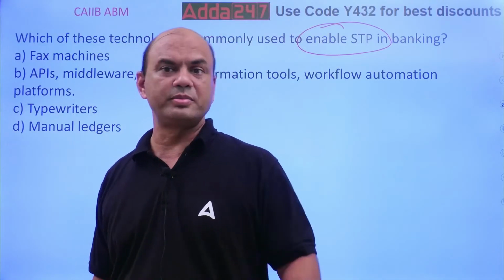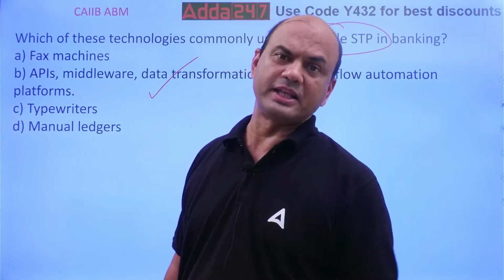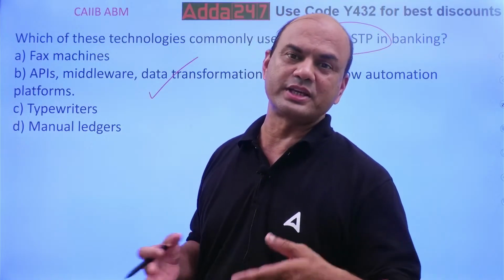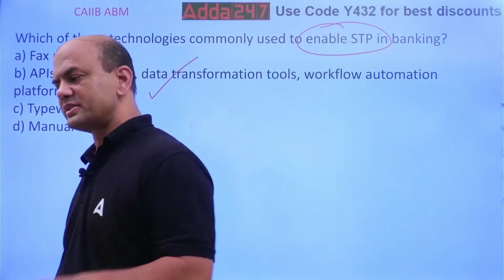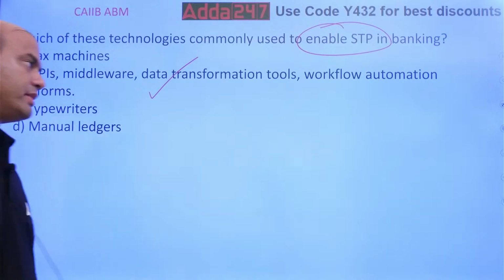They don't require human being now. 90% of the loans are automized. 10% are definitely case to case basis. It varies. So kindly note this. Okay, everyone clear? So these are the technologies which will make this STP happen.